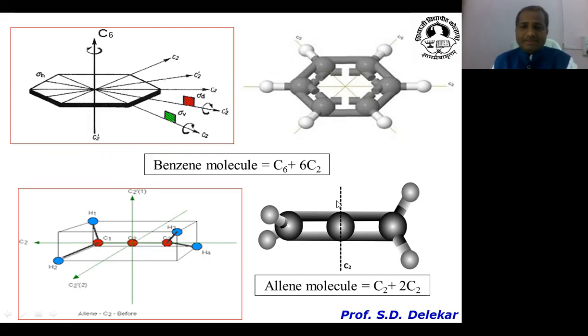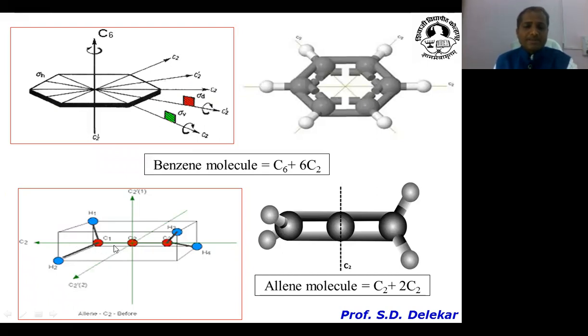If a molecule contains more than one axis having the same fold, then which one is the principal axis? At that time, the axis which passes through the maximum number of atoms of that molecule is said to be the principal axis.